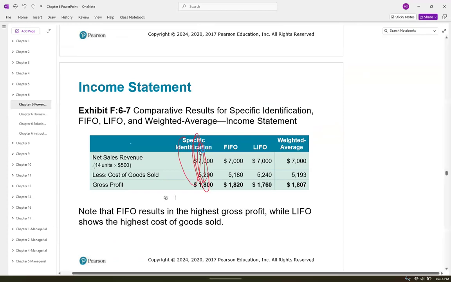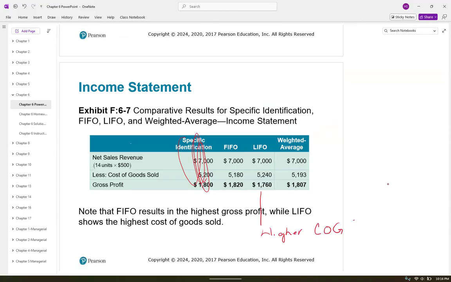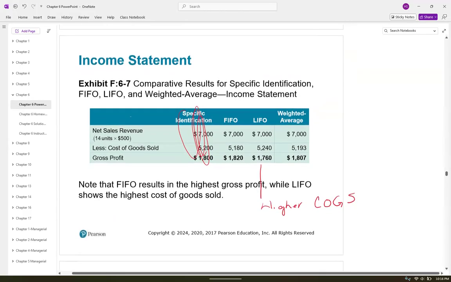And you can see the cost of goods sold. Notice right here that with LIFO, it created a higher cost of goods sold, which is an expense. So a higher cost of goods sold will produce a lower net income.